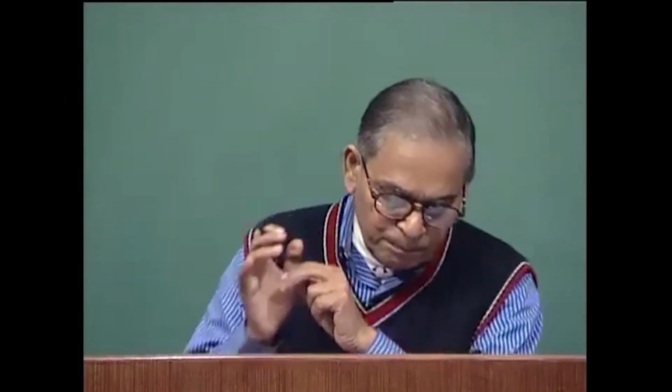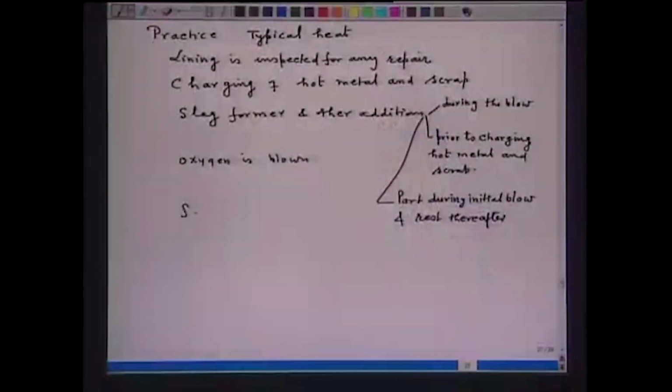That means the control of lance distance from the start of the blow to the end is a very, very important exercise for any steel making operator working on converter steel making. In fact, these profiles are developed, fitted into the practice, and then the practice follows the same profile. At the end of the blowing, samples are taken, analyzed for the specified chemistry, and then the steel is tapped.